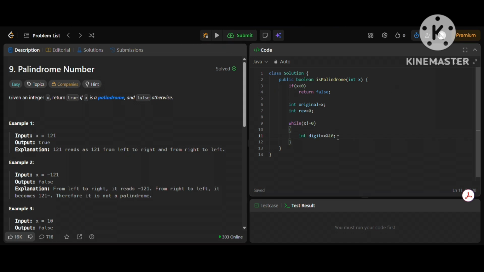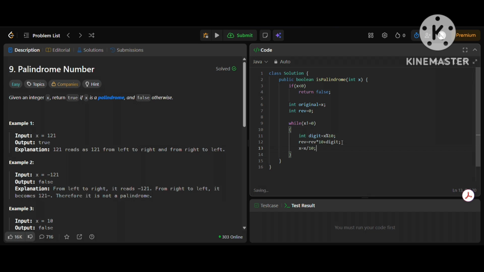And then we will find the reverse of it. Reverse is equal to reverse into 10 plus digit, whatever we considered in the previous line. And then we'll take x is equal to x divided by 10.